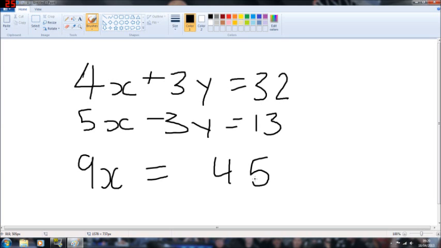Well, I hope so. Yeah, it does. 45 divided by 9 equals 5. X equals 5. And I'm pretty sure you guys know the next step to this. Just replace this x with a 5, and you work it out as I did on the previous one.